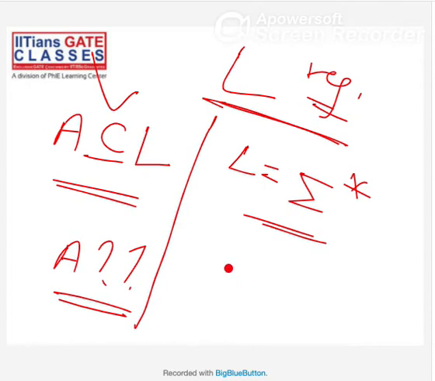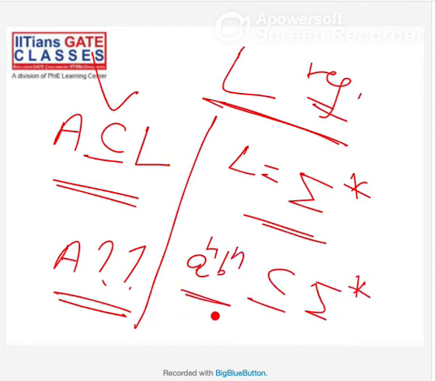So even the language a^n b^n is also a subset of sigma star. Sigma star is regular, and this language is a subset of a regular language, but this language is not regular.